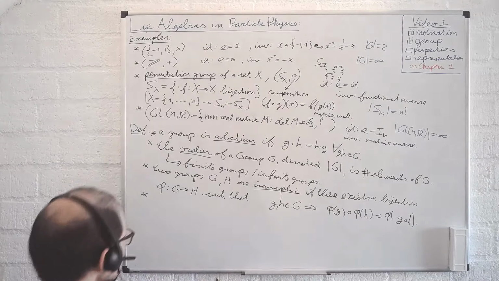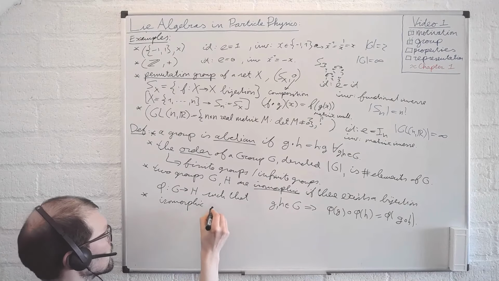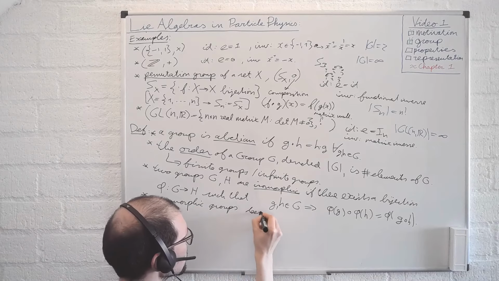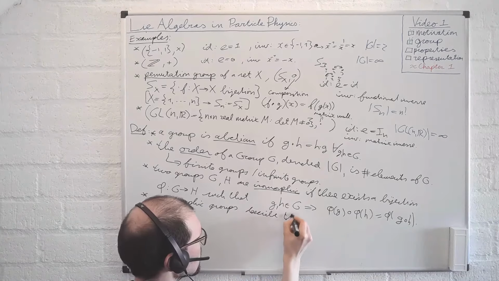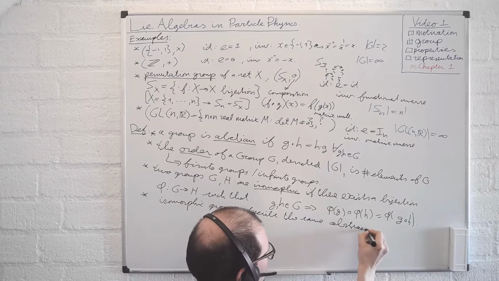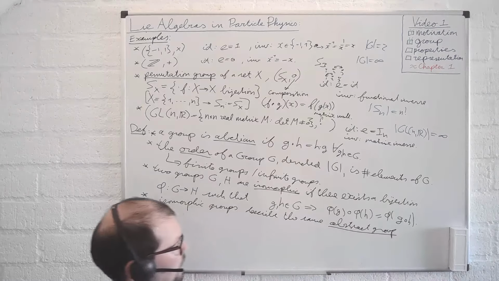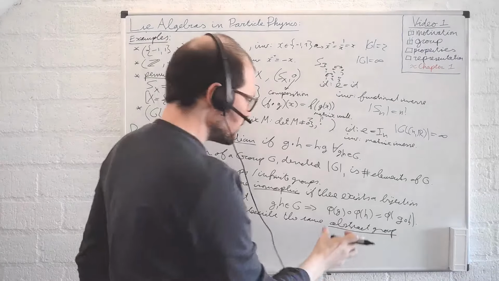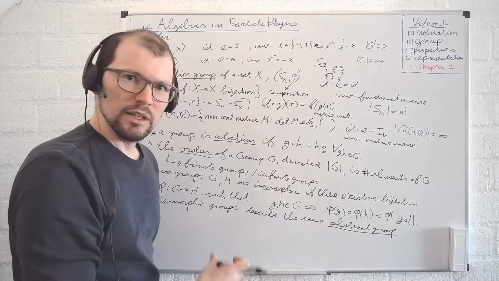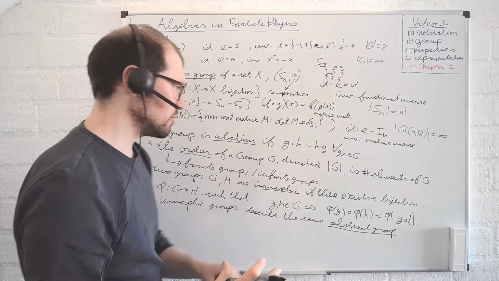So what we say is that isomorphic groups describe the same abstract group. If you like, an abstract group really only contains the information of what elements compose into what other elements.